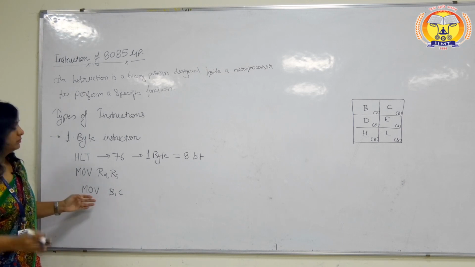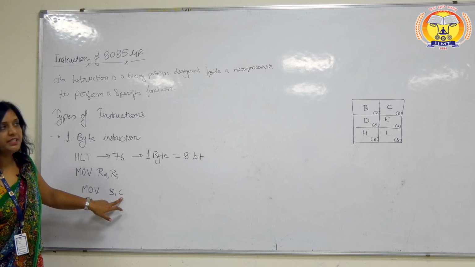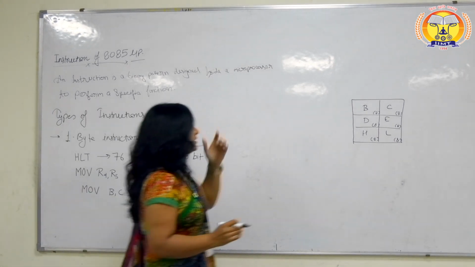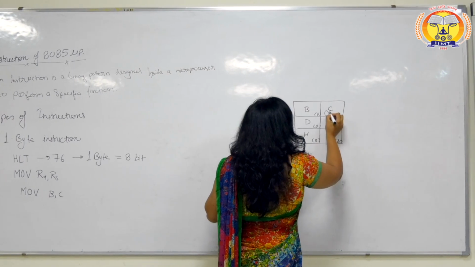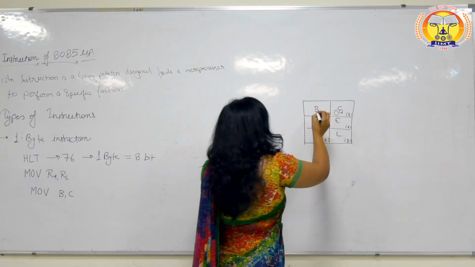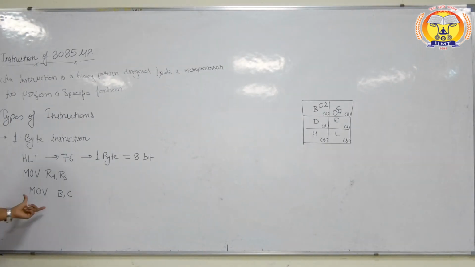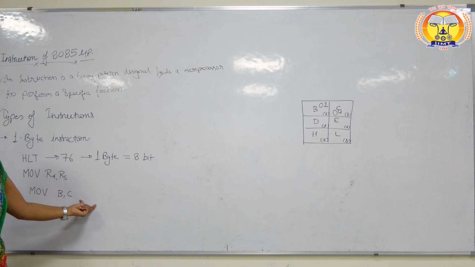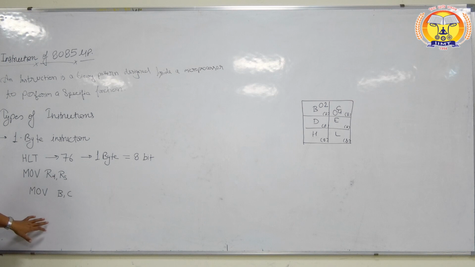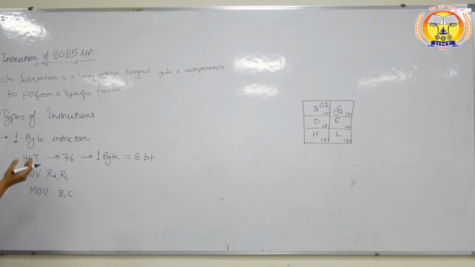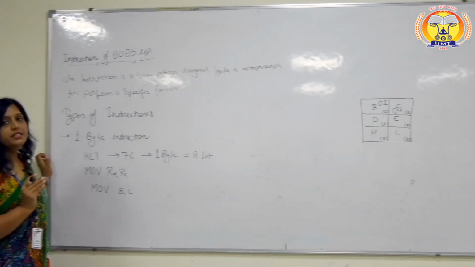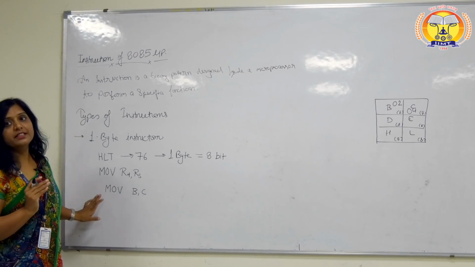What will it perform? Now, contents of register C. For example, in register C, we have 04. And in register B, we have 02. Now, with the help of this instruction, we will move the content, that is 04, into register B. After this instruction, the content of register C will be copied or transferred into register B, and the content of register B will be 04.